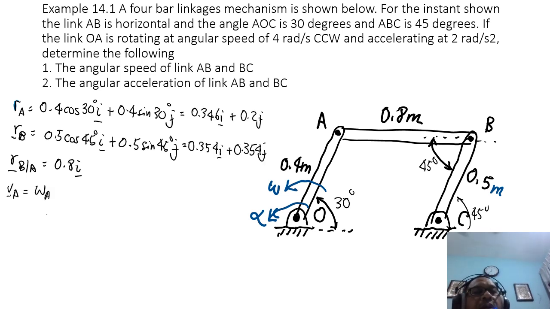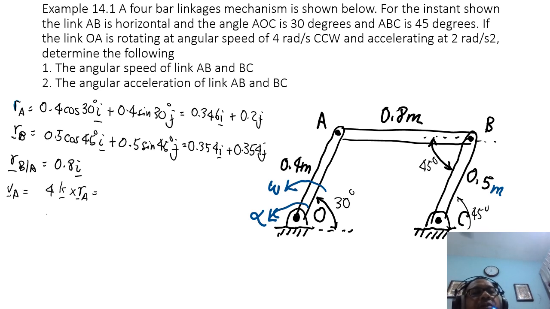So we know that VA equals omega AB K cross position vector A. We know omega AB is 4 radians per second counterclockwise, so that's 4K. I'm going to take this off and put 4K.